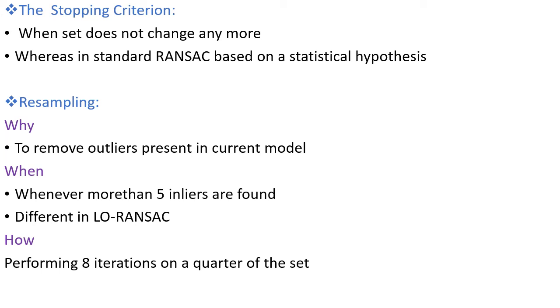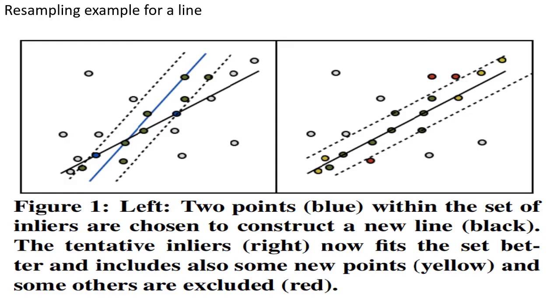It is easier to understand how RANSAC performs on a straight line rather than on many geometric transformations. So let's see a small example on a straight line. Here in the first diagram, the blue line is the model. It is a 2D model, which is a line. The blue line is what we got in the first iteration.